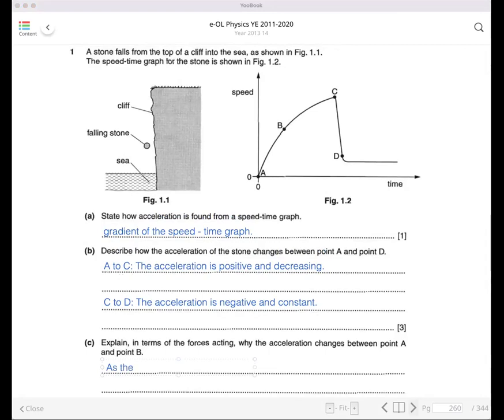As the speed of the stone increases, what happened? The air resistance acting on the stone increases. Then what do you say next?